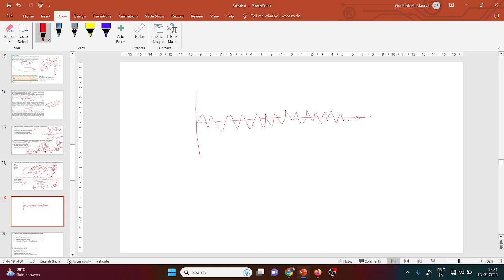This line represents the average velocity, let's say u, and this is the fluctuation u dash. So your complete velocity, if you break it down, and this breakdown was done by Reynolds, you can divide it in two parts: u average plus u dash, the fluctuation component.